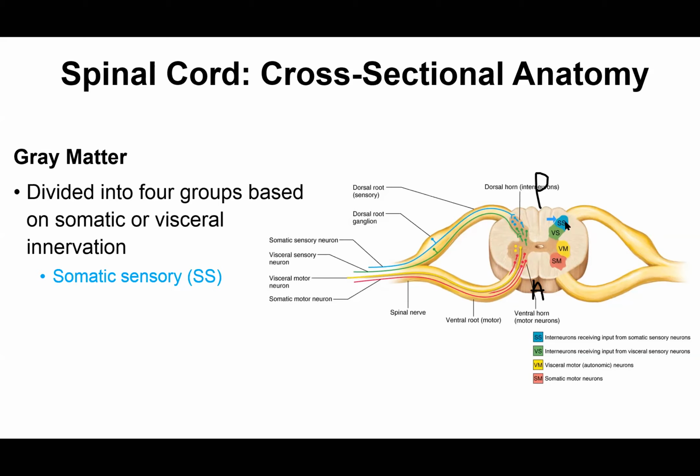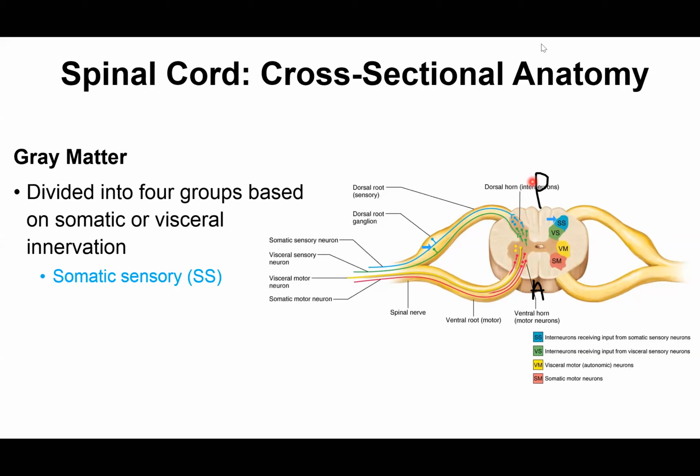And so located in this area, we will have interneurons that receive input from somatic sensory neurons, okay? So somatic sensory neurons, for example, this one here in blue, it's going to come in to the spinal cord, synapse on these somatic sensory interneurons, okay?